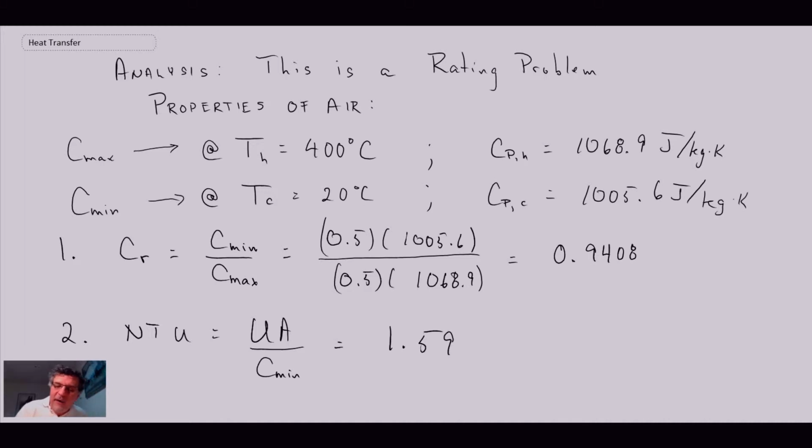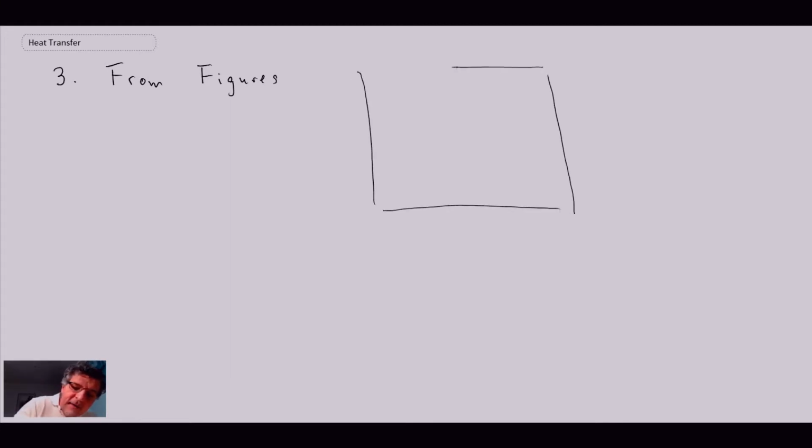Now that we have CR and NTU, we can go ahead and evaluate the effectiveness. We can do this in one of two ways. We can get the effectiveness off of a figure. I'm not going to pull out a figure, I'm just going to sketch it so that you get an idea, but it is probably in any textbook you're using.